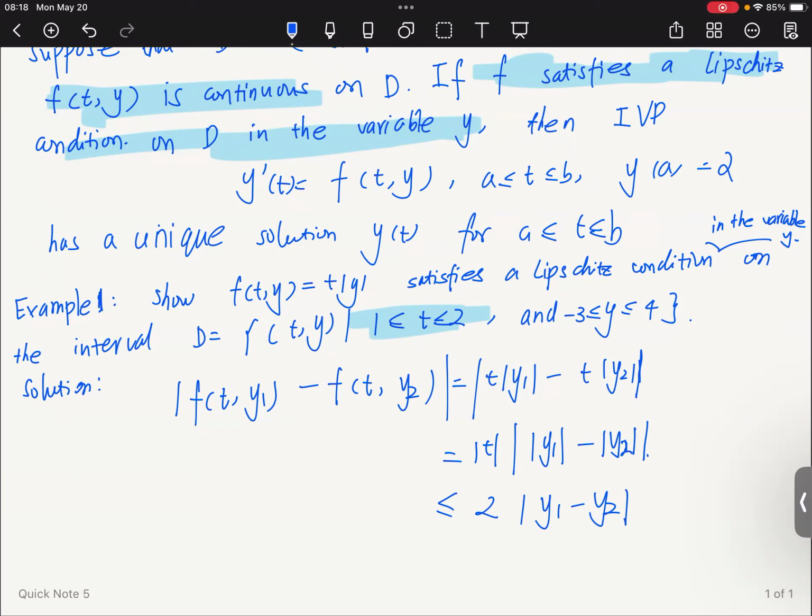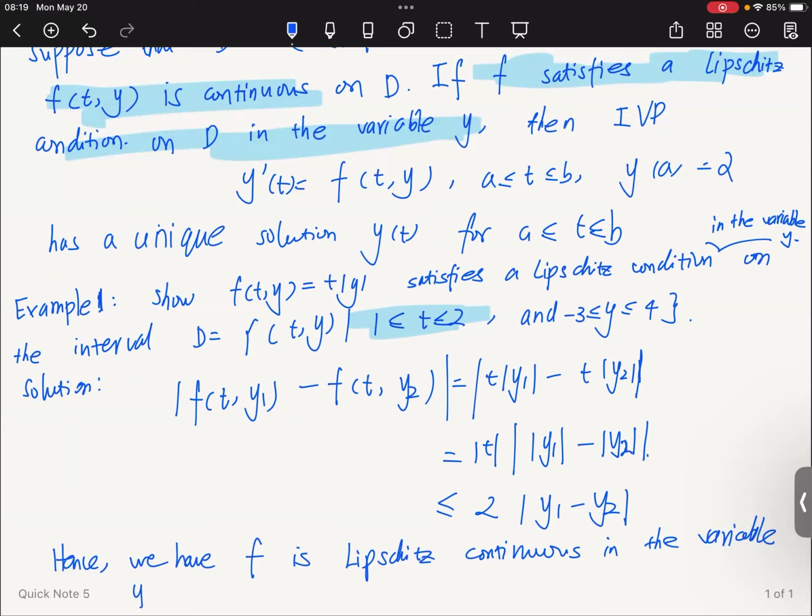So here, hence we have f is Lipschitz continuous in the variable y with the Lipschitz constant 2.